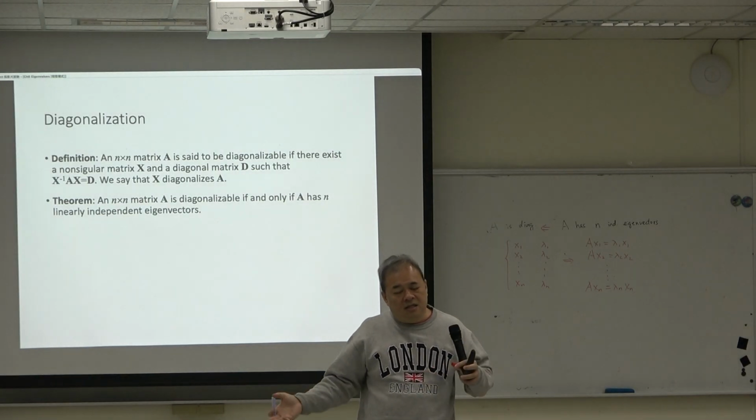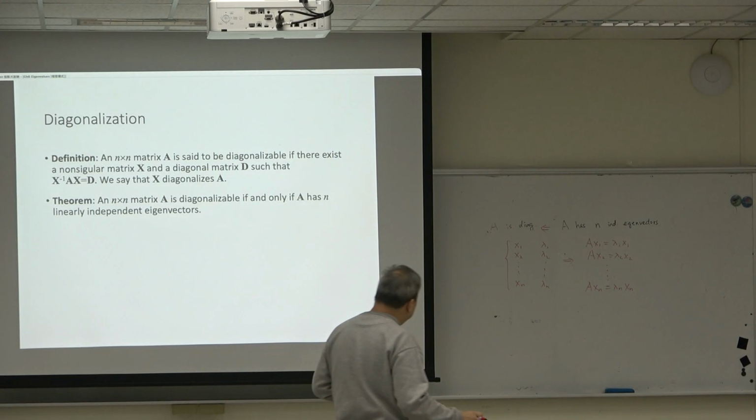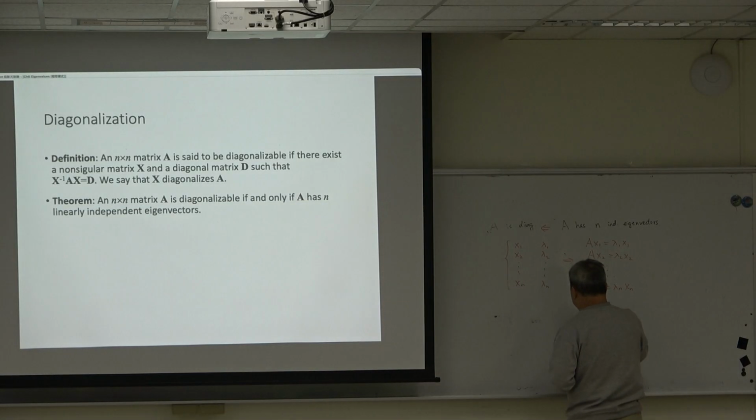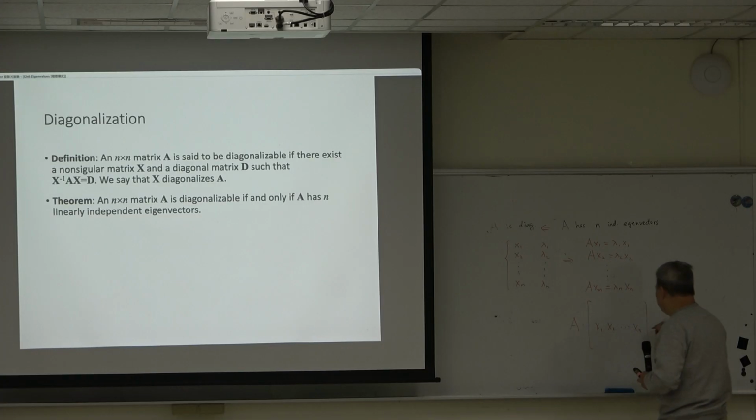And I can write them all together. So A times x1, x2, xn will be lambda 1 x1, lambda 2 x2, lambda n xn.